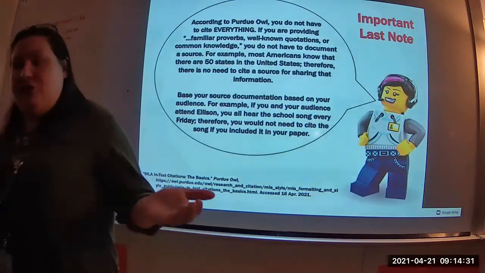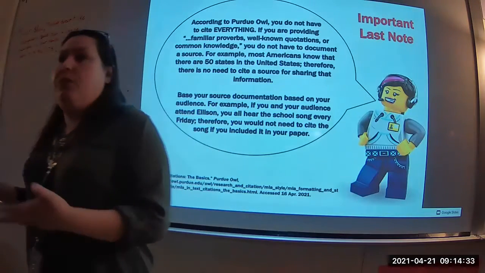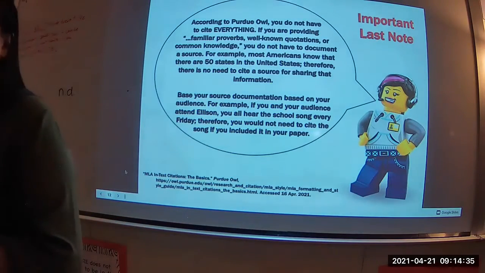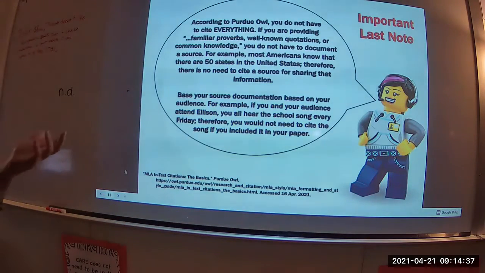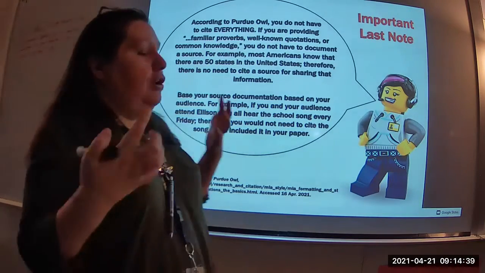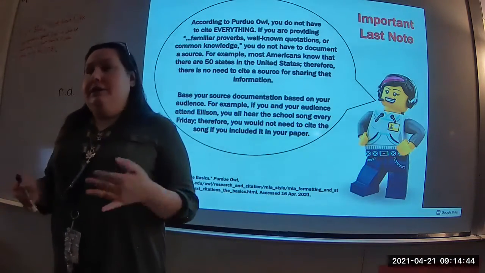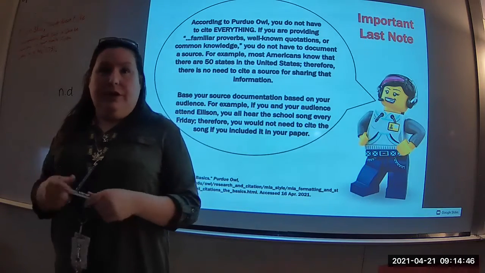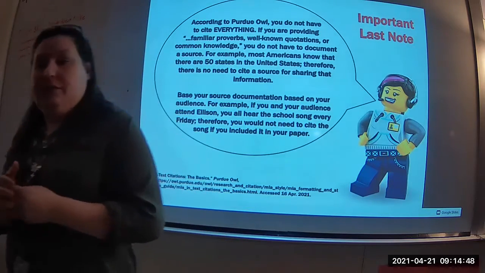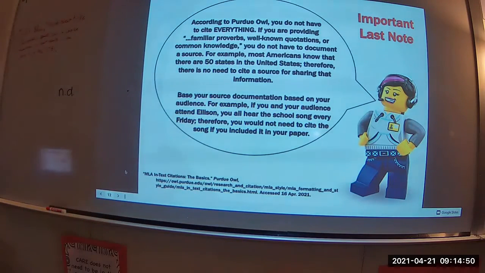H2O is more common, everybody knows that, but let's say I'm doing something more complex. It's very much based on your actual audience. You need to be aware of who your audience is when you're doing your sources, okay? Make sense? Yes, no, maybe so?